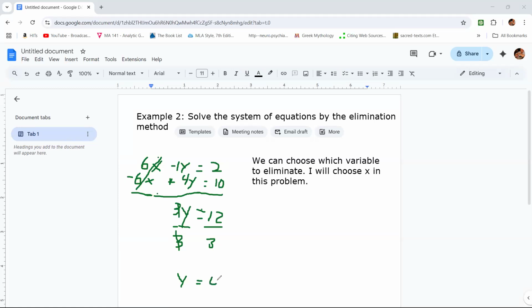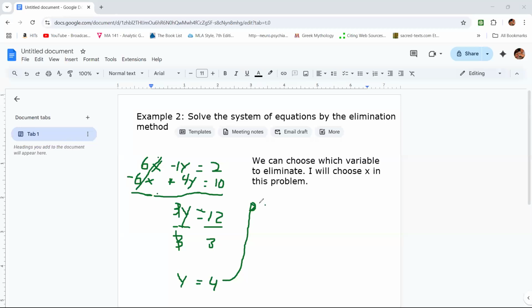Now we do the same thing we did before. You choose either equation. This time I'll choose the bottom one. So I'm going to come up here and choose the second equation right here.